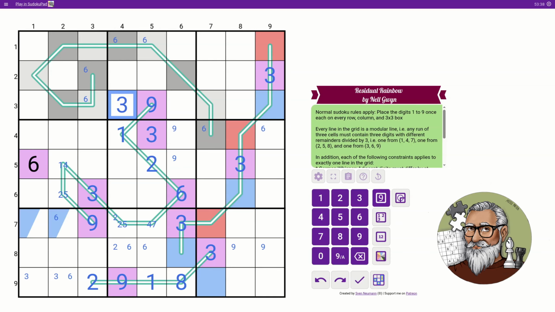And if that one is 3, then those can't be 3, right? No, this could be 3 maybe. 6, 6, 9. Is that correct? 6, 6. No, that's 3. 6, 3, 6, 9.